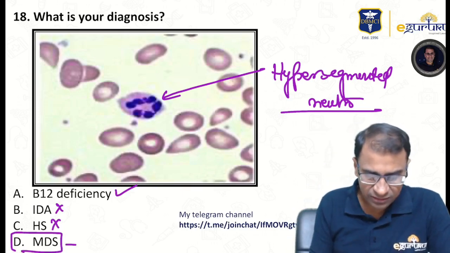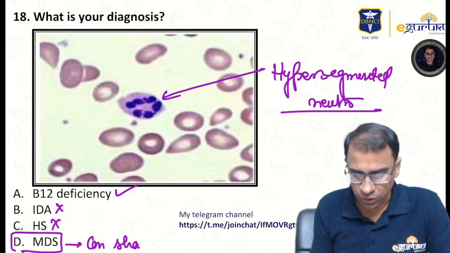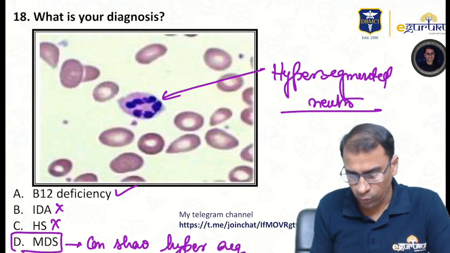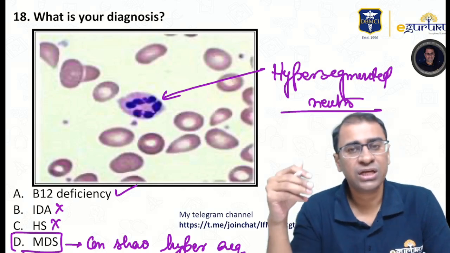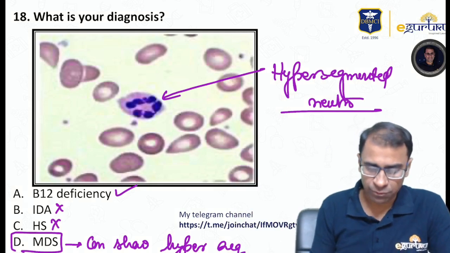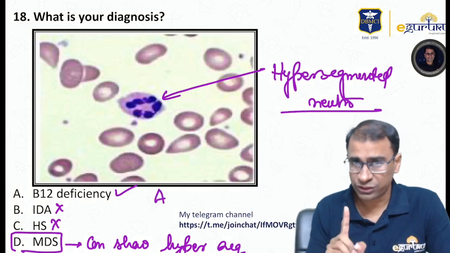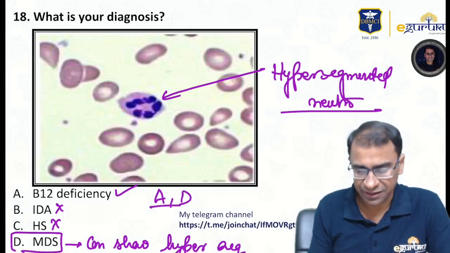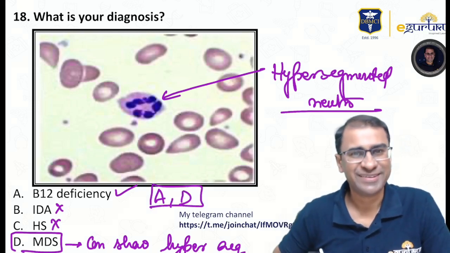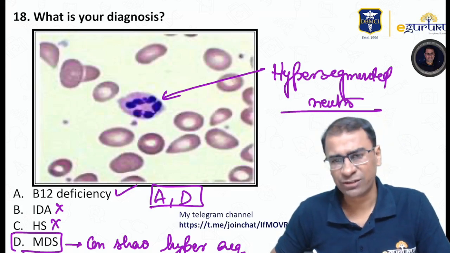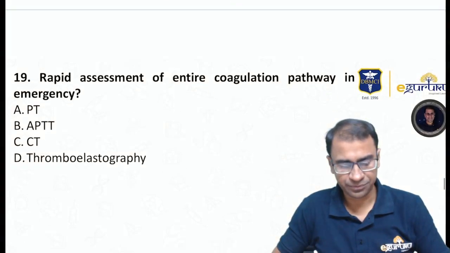MDS, well, this can show you hypersegmented neutrophils. So I'm not sure exactly if this question was to choose many of the options, but if it was, the answer would be A if it is one choice, but if the question is giving you multiple choices, then it would be A and D, both of them. Yes, so it's a bit tricky question, but this is all a factual question if you can remember it.